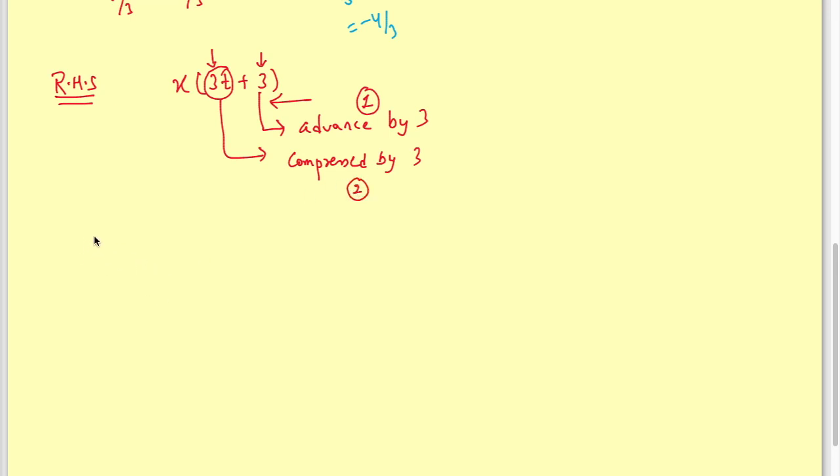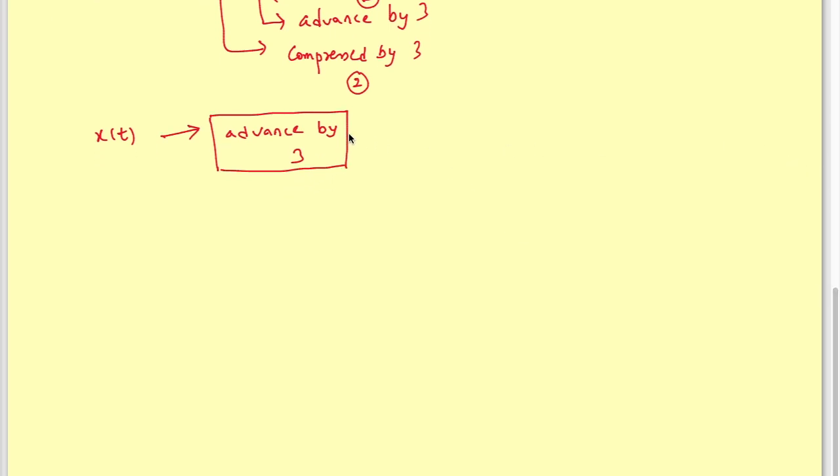So x of t is advanced by 3, then compressed by 3, then I will get y of t.